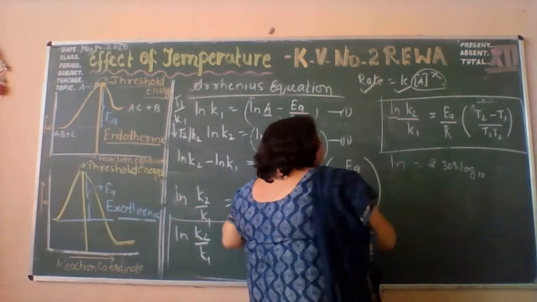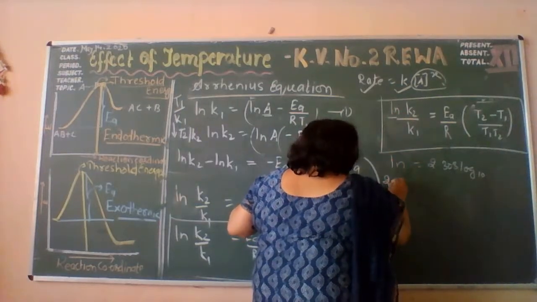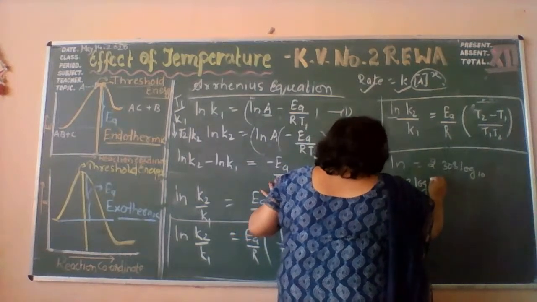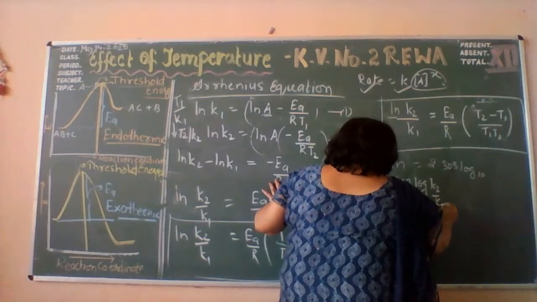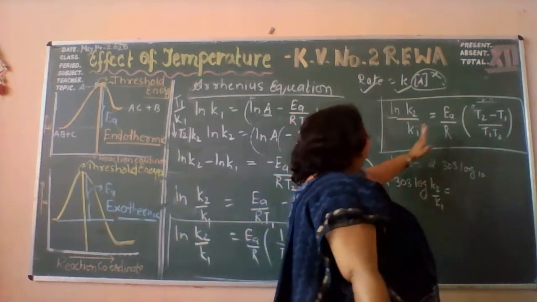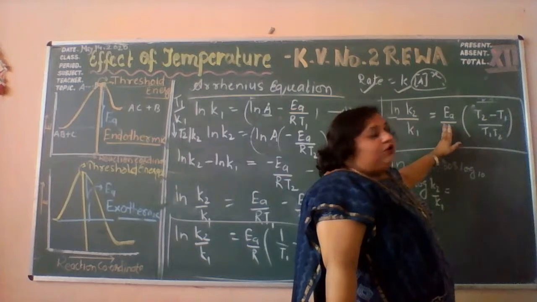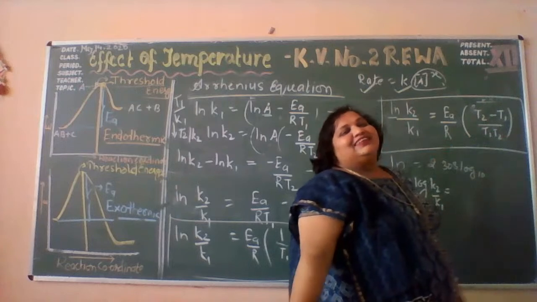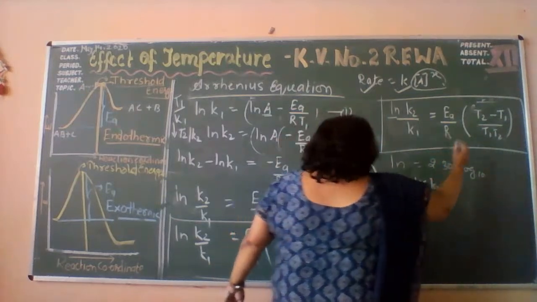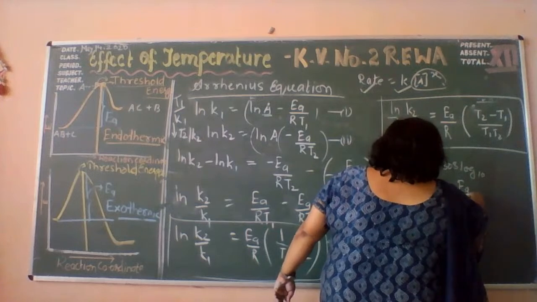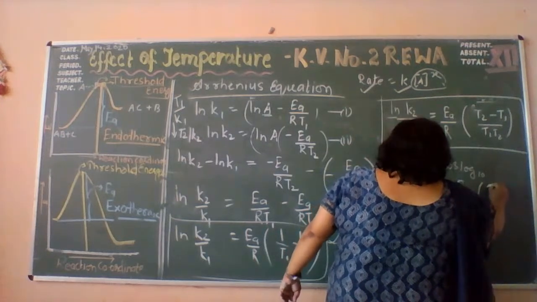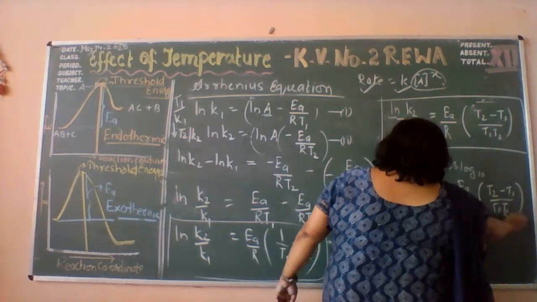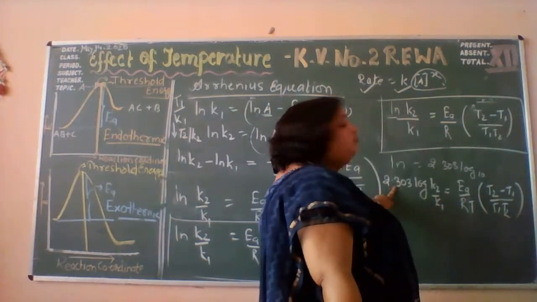If I'm going to convert this, I have to multiply it with 2.303 log K2 upon K1. Is there any log quantity here? No. So you don't have the right to put the 2.303 directly over here. What you have to do is write EA upon R into T2 minus T1 upon T1 T2. Right, now I want to remove this.